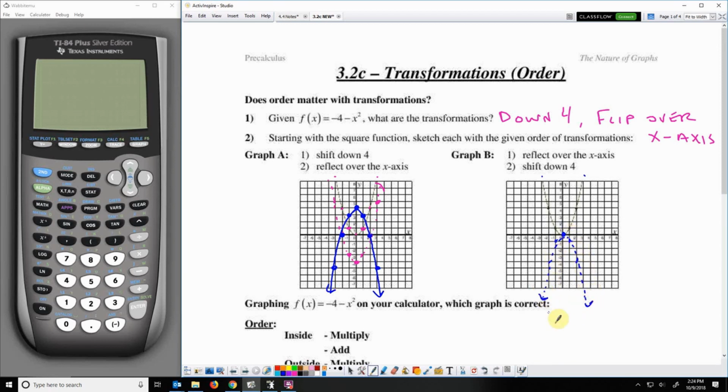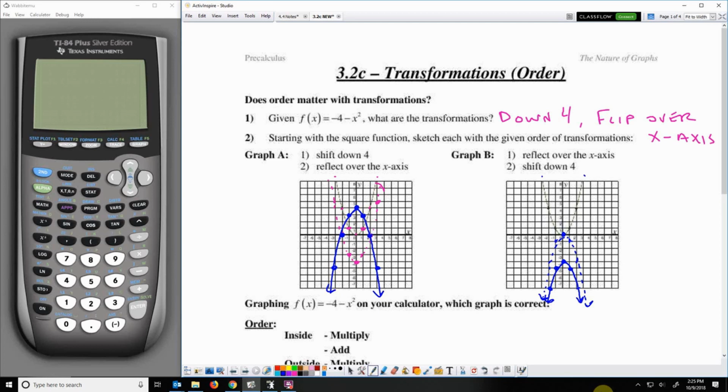So it's going to look about like that. And then it's going to shift down 4. So everything goes 4 units down from there. So the final graph is going to look like that.